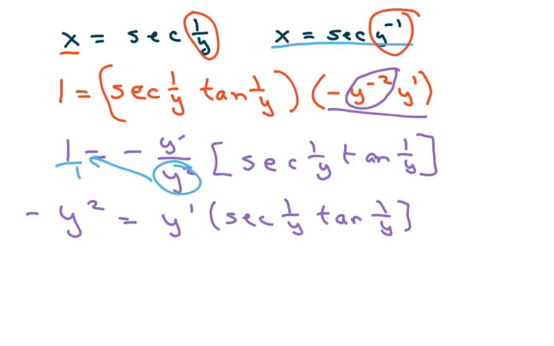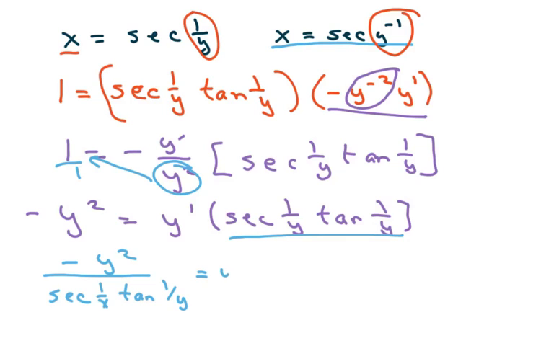And then I'm going to divide both sides by this, so you're going to get negative y squared over secant of 1 over y times tan of 1 over y, which equals your y prime.